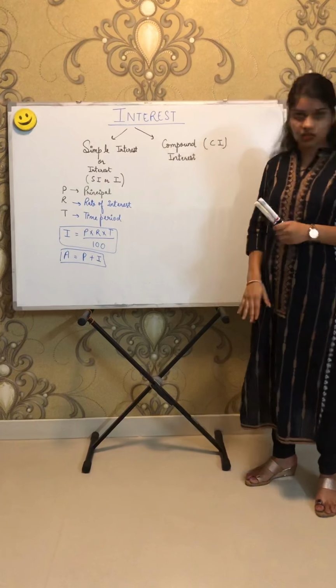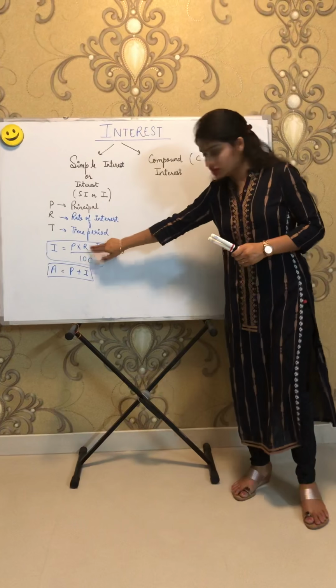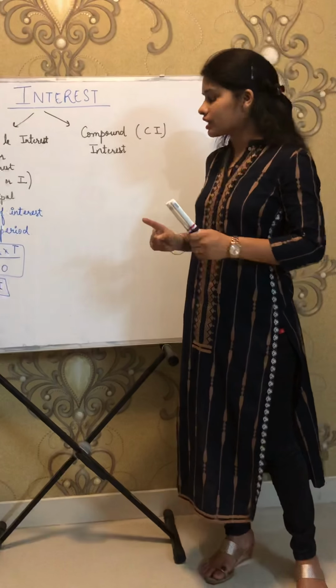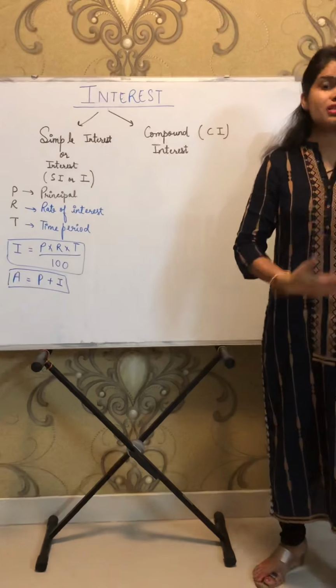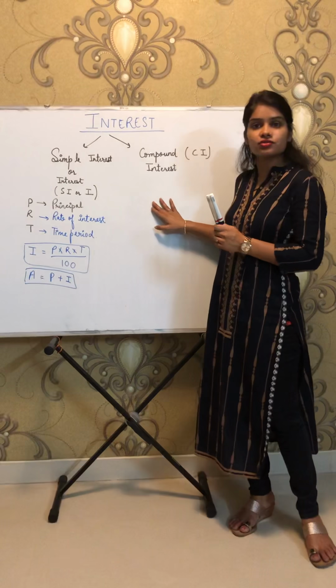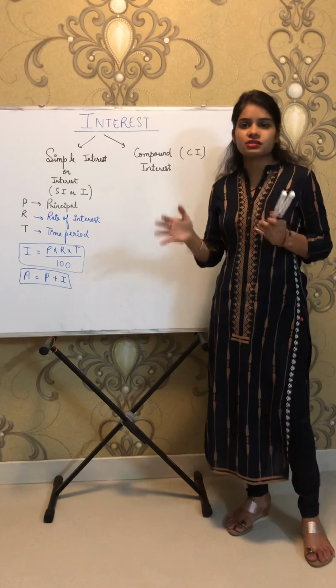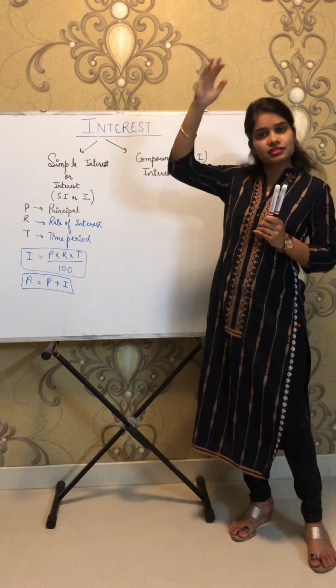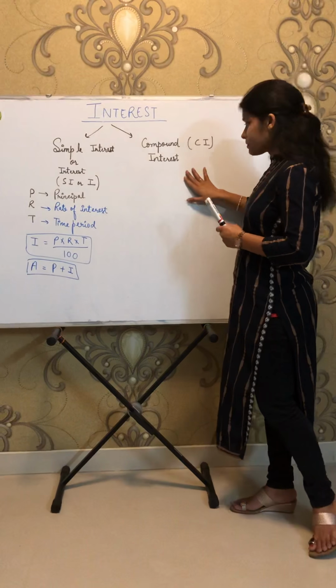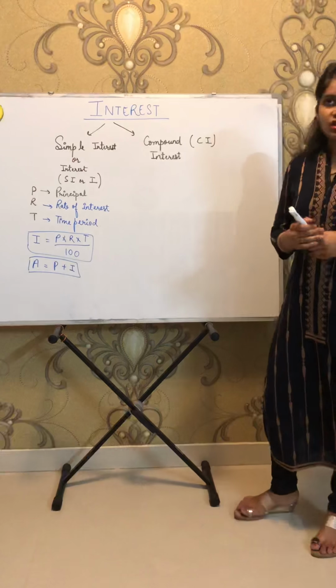In simple interest the rate of interest is the same for every year, and one more thing, principal remains the same throughout the years. But in case of compound interest, principal doesn't remain the same, it goes on increasing as we go by the year. So principal keeps on increasing.